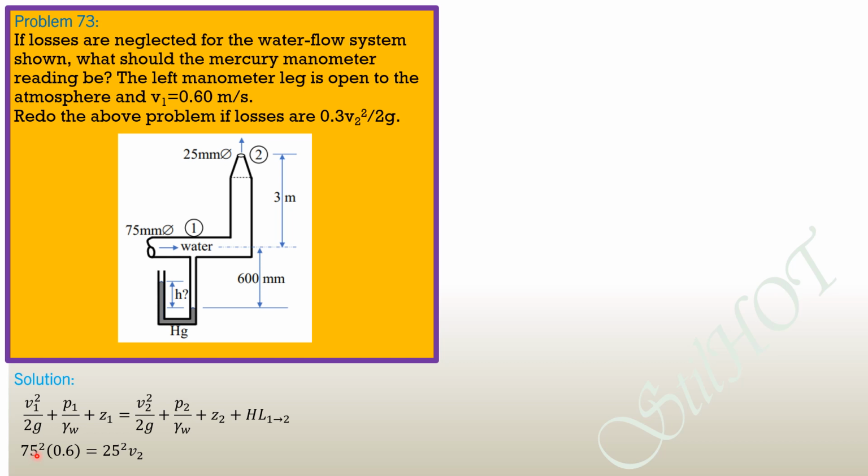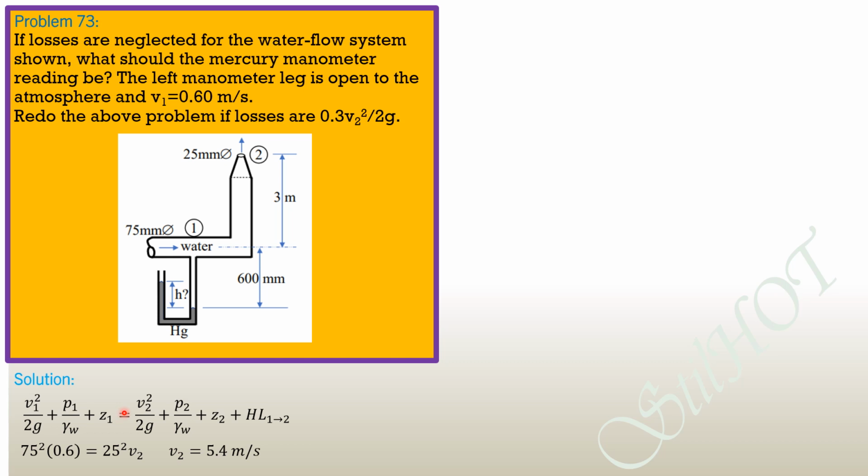Pi over 4 diameter squared V1 equals pi over 4 diameter squared at section 2 V sub 2. So pi over 4 is cancelled and not shown here. So we just use diameter squared times V1, diameter at 1, 75 squared times V1 equals diameter at section 2 squared times V2. So V sub 2 is equal to 5.4 meters per second.